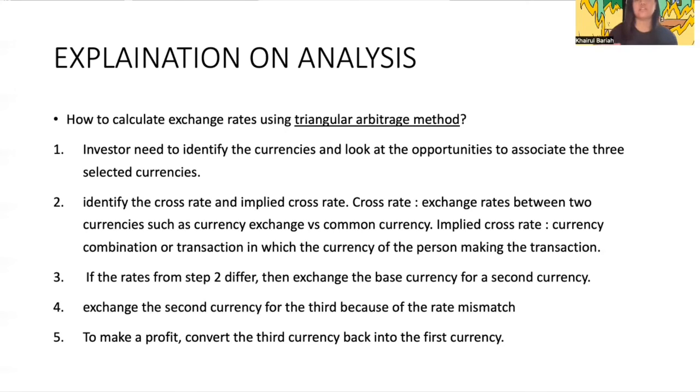Okay. The fourth step is exchange the second currency for the third, because of the rate mismatch, and the last one, to make a profit, convert the third currency back into the first currency. So after, in the previous explanation, there's Philippine pesos to Malaysian ringgit, so they gain the profit at the last part.